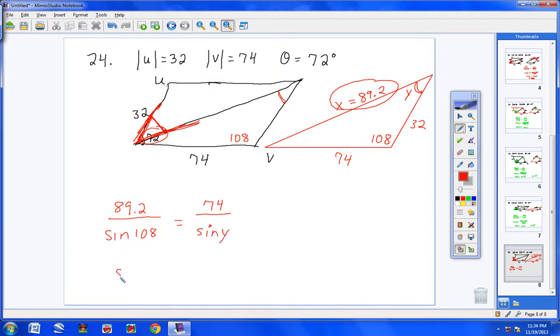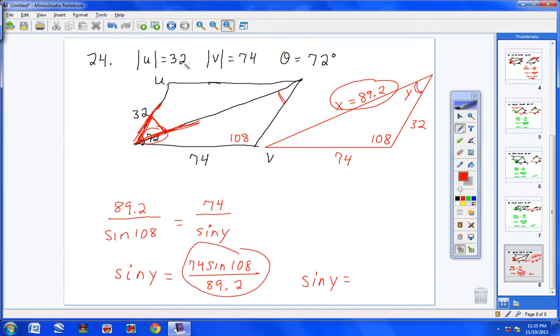Now let's cross multiply and divide. If you do that carefully, you'll come up with the sine of y equals 74 times the sine of 108 all over 89.2, which would then give you the sine of y equals, and I've got to type this into my calculator very quickly here, 74 sine 108 divided by 89.2, and you should come up with this decimal right here, 0.78899930741.